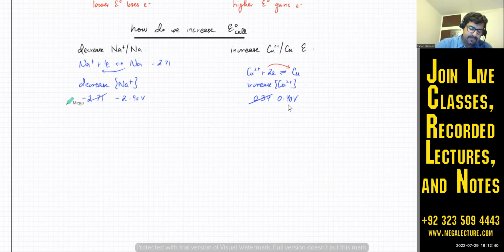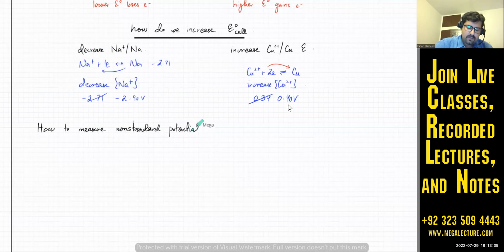What you can also do is measure the new potential. So how exactly do we measure the new non-standard potential? There's an equation known as the Nernst equation.